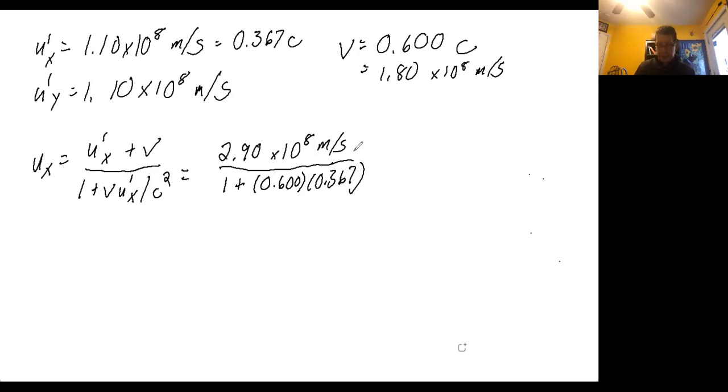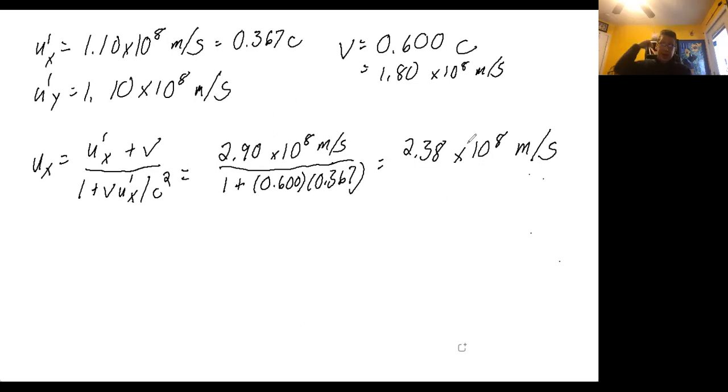And so you get 2.38 times 10 to the 8th meters per second.